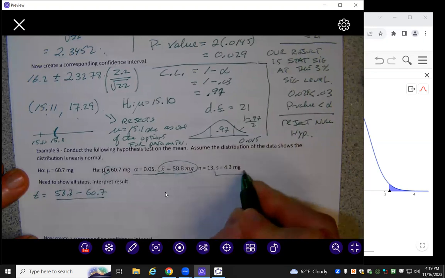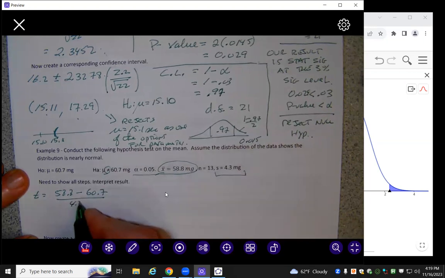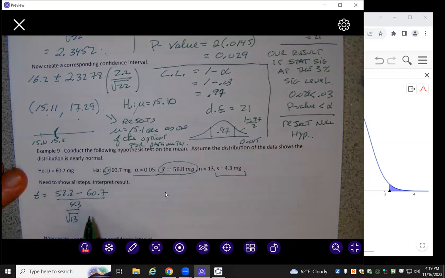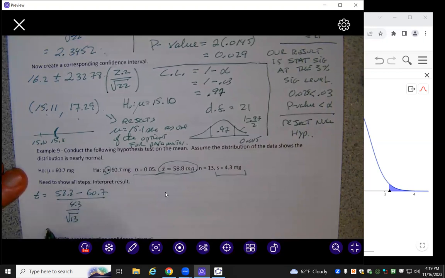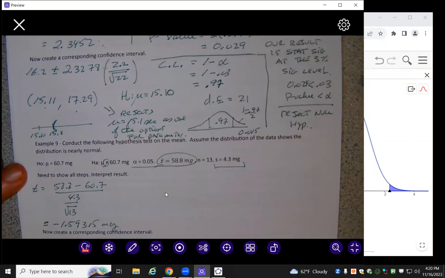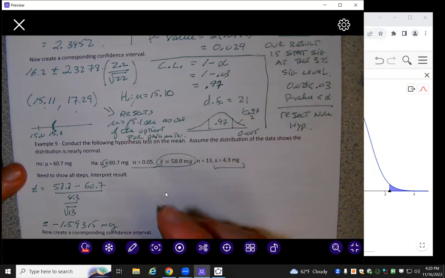Standard deviation is 4.3, over the square root of 13. And when I enter this in a calculator, I get approximately 1.59315. And this, of course, is in milligrams. All right, there is my result.